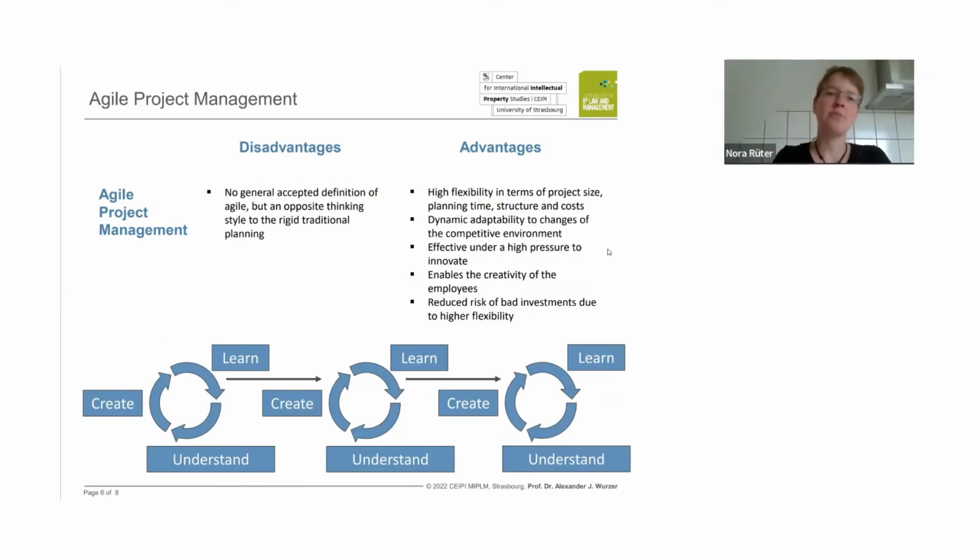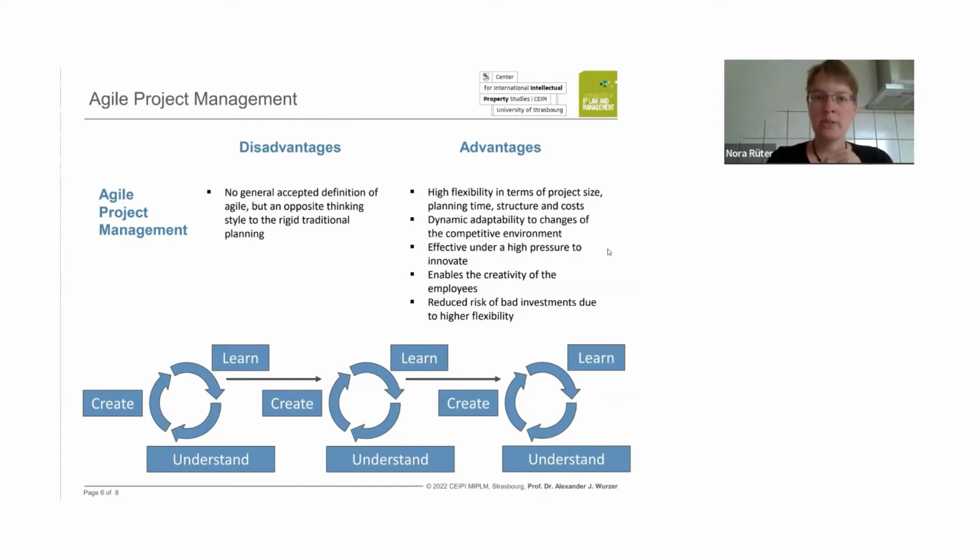Another kind of management is Agile project management. This is no kind of waterfall, it's a kind of cycle after cycle. You have the first cycle where you create new things, learn from it, understand it, improve it, start creating again. And this again and again to come to your conclusion.